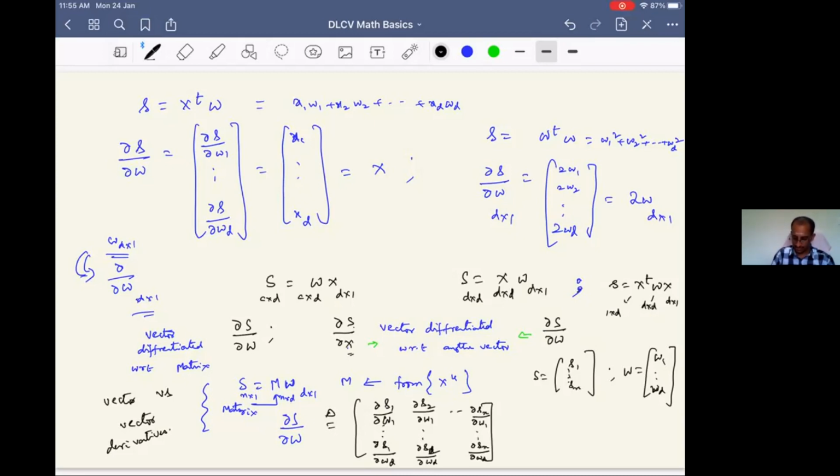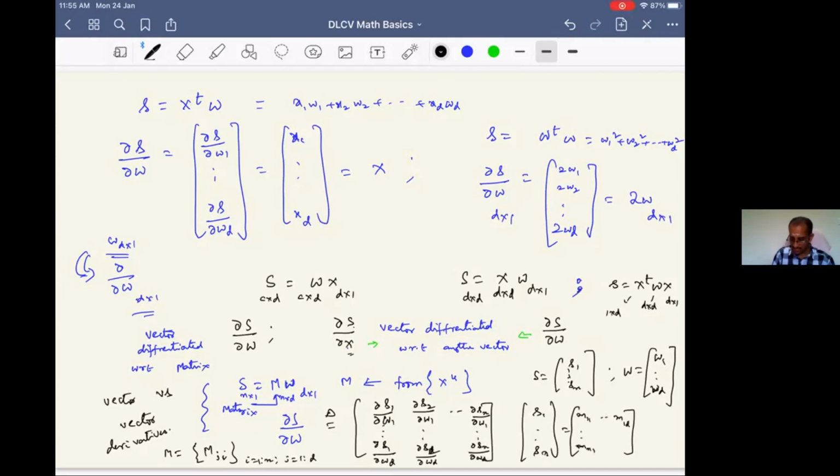So if this is clear, the next question is, in this case, what is this dou S by dou W? Please note that for S1 to Sn, let Mij be the matrix elements of M, with i equal to 1 to n and j equal to 1 to d. So how do I write this? M11 to M1d, up to Mn1 to Mnd.